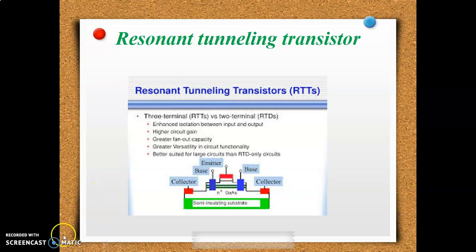These are the properties of a resonant tunneling transistor over an RTD. Greater versatility means it can take on a lot of other functions.